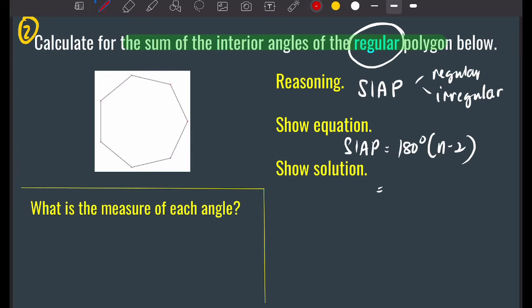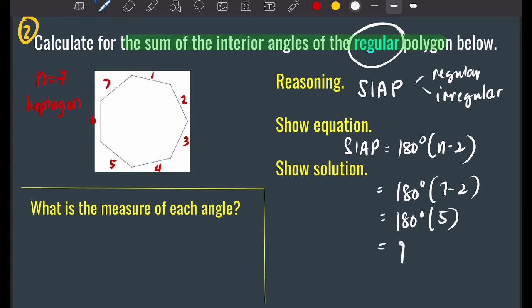How many sides does this polygon have? Because n is the number of sides. 1, 2, 3, 4, 5, 6, 7. So n is equal to 7, and a 7-sided polygon is called a heptagon. Solve by substitution: 180 degrees times (7 minus 2), 180 degrees times 5 equals 900 degrees.